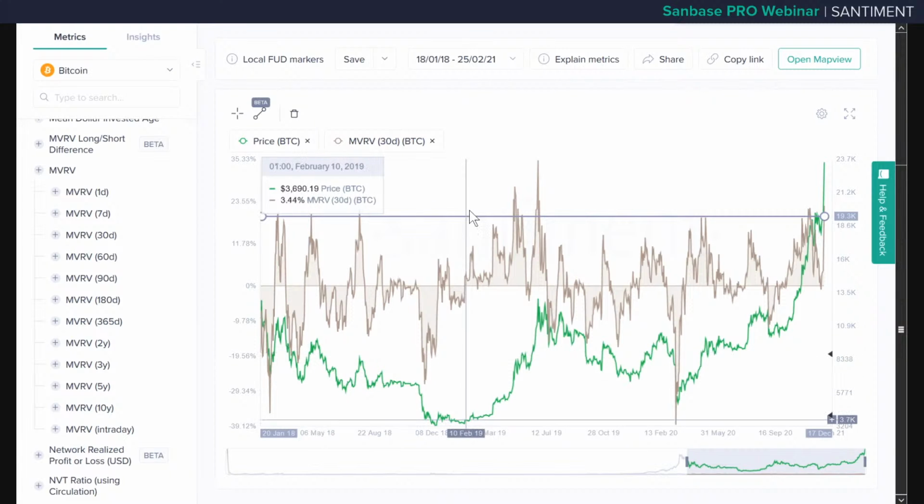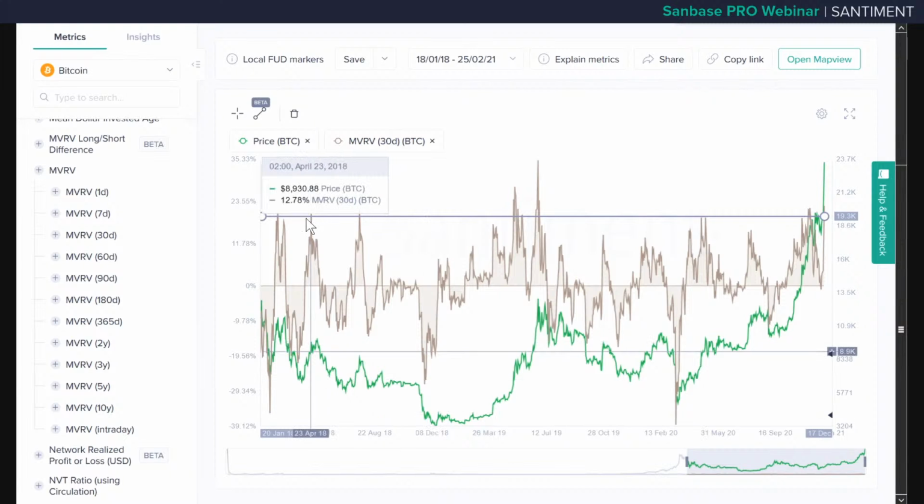And in the past, this is a 2-year view, or almost a 3-year view now, these seem to be periods at which short-term holders like to start claiming some of their profits, and the price tends to dip as a result.